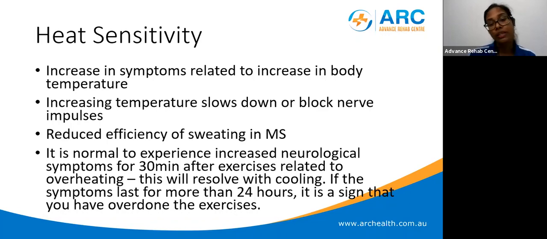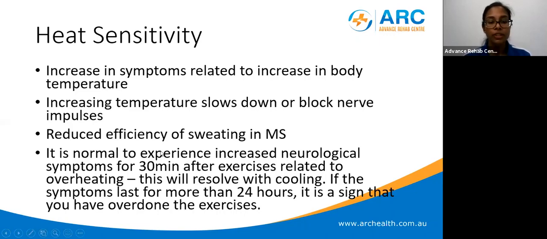Sometimes it could be more weakness, more sensory changes or pain. And also to top that, people with MS sometimes have difficulty in terms of sweating. That sweating process is one of the main things that we rely on for cooling, and this is not always available in people with MS. So that can also add to the degree of body temperature rising.